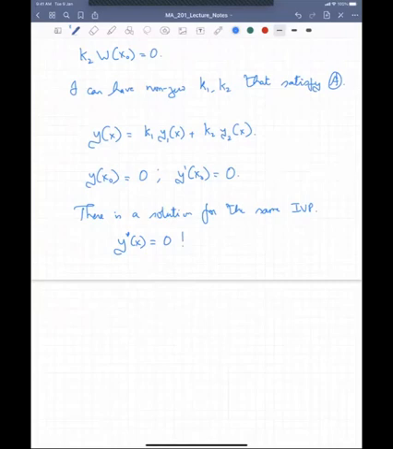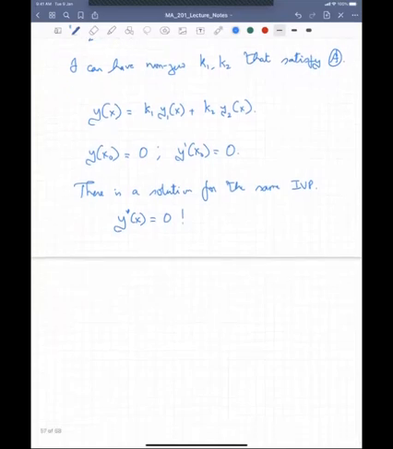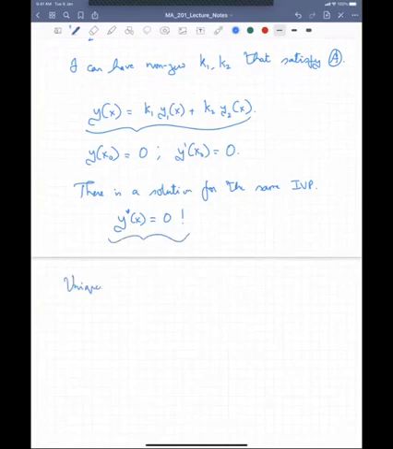So since theorem 1 guarantees uniqueness, it guarantees that this function y and this function y star are really the same. Uniqueness means that these are not two different solutions. You have simply written 0 in a slightly non-trivial fashion.